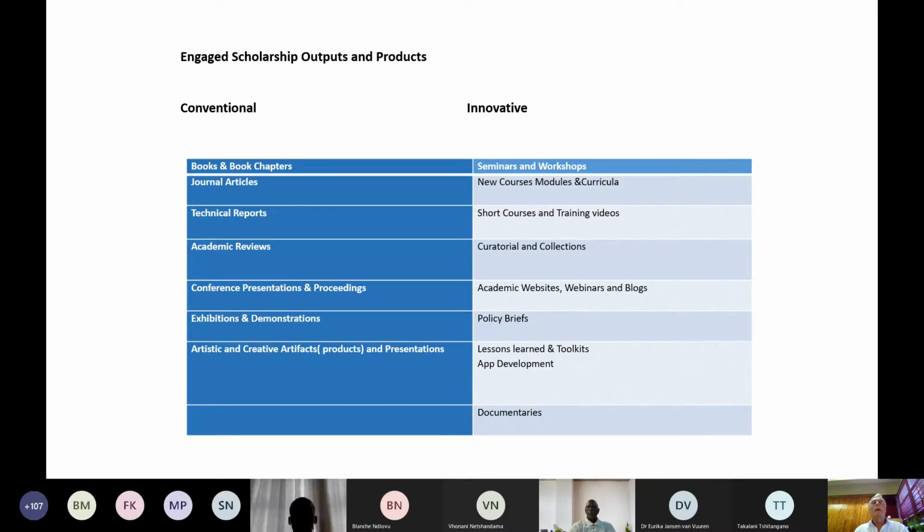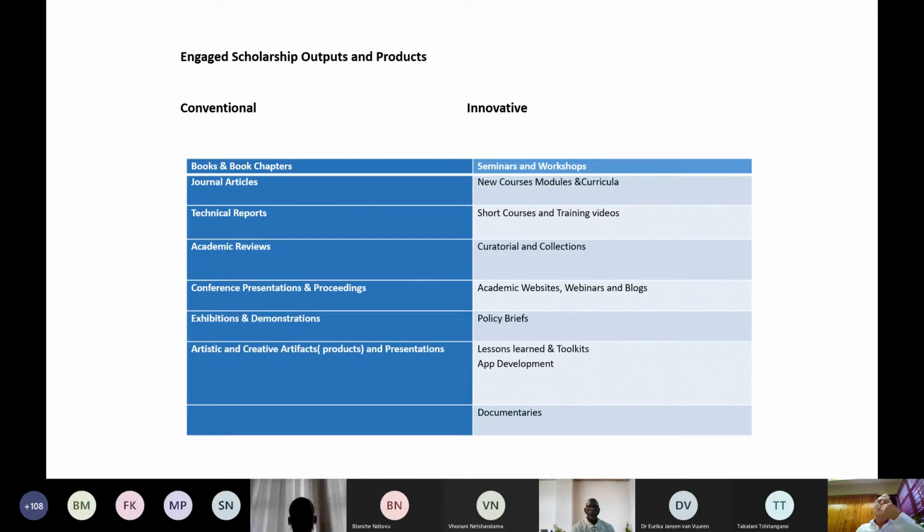Then the word innovation. What we found as we're moving in this direction, if you are doing engaged scholarship, you will still produce the conventional scholarly outputs, which are reflected in the dark blue. But you'll also find that flowing from a lot of this, in addition to these outputs, you will also have other outputs.